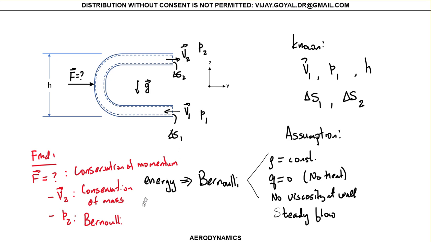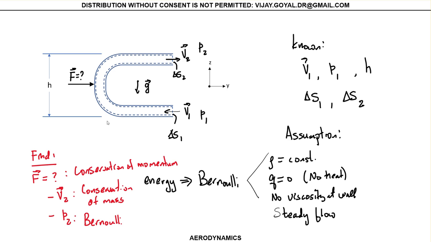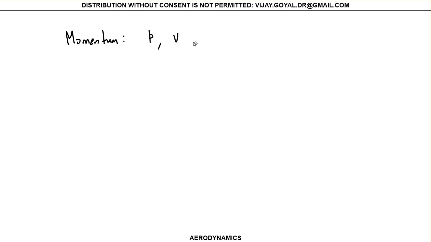So the big question is, which equation do I use first? What do I use second, right? First of all, your momentum equation, let's understand this. To do your conservation of momentum, you need pressure, you need velocity, to find your force.